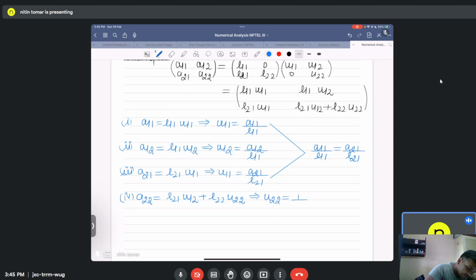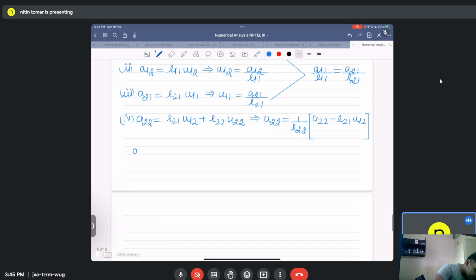U22 will be 1 upon L22 times A22 minus L21 U12. Am I correct? I hope I am correct.